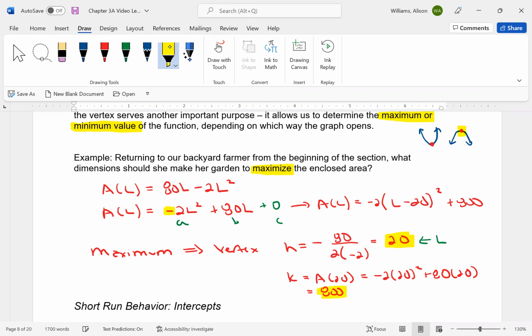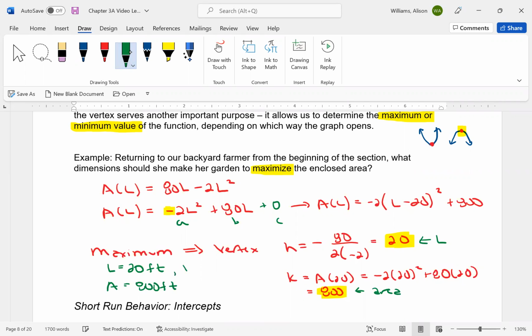That's what this represents. So the maximum area is going to occur when L is 20. I think it was feet, 20 feet, which means that the maximum area is going to be 800 feet squared.